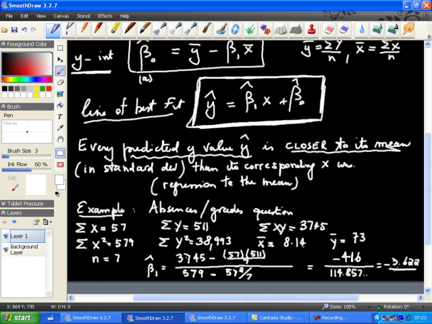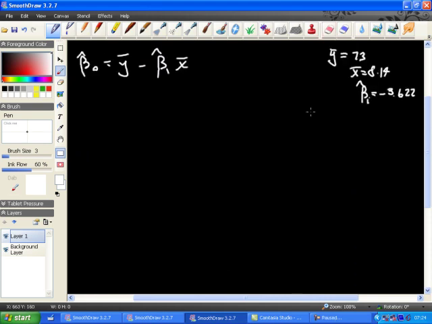And that's the slope. Now let's find the y-intercept. Here is the formula for the y-intercept, and here are y bar, x bar, and beta 1 hat from the previous page. To find the y-intercept, I just substitute, and I get 73 subtract minus 3.622 times 8.14.